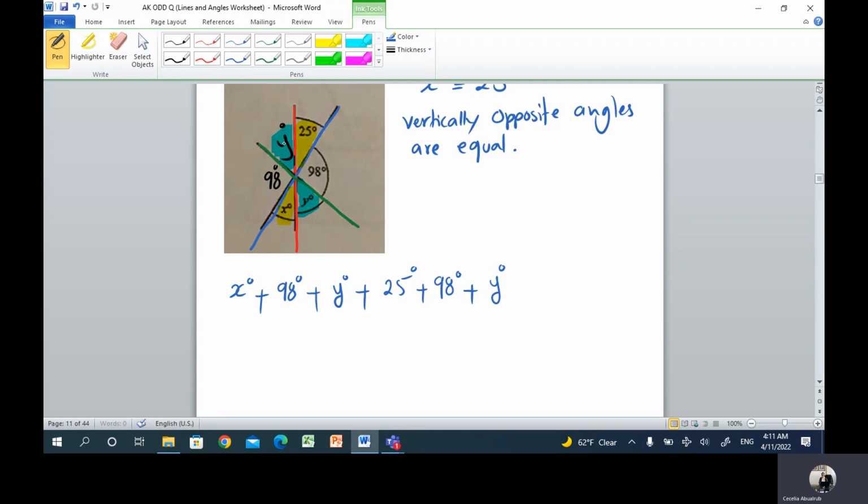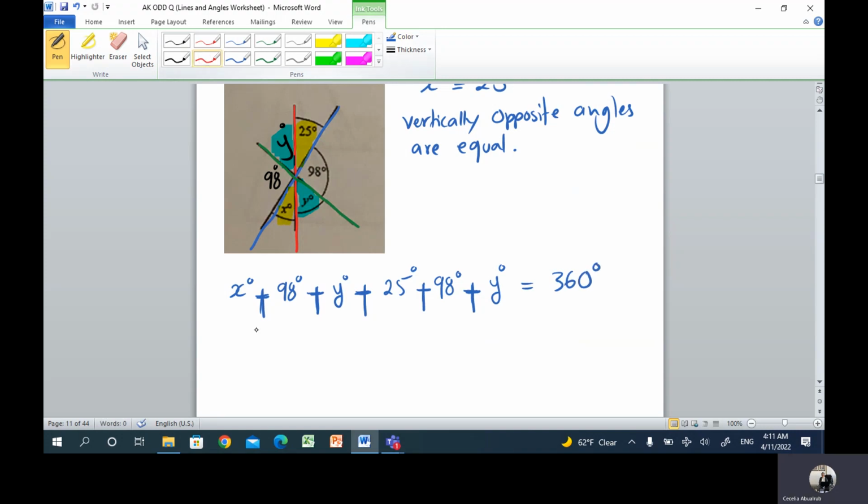So 1, 2, 3, 4, 5, and 6 angles. They add up to 360 degrees.